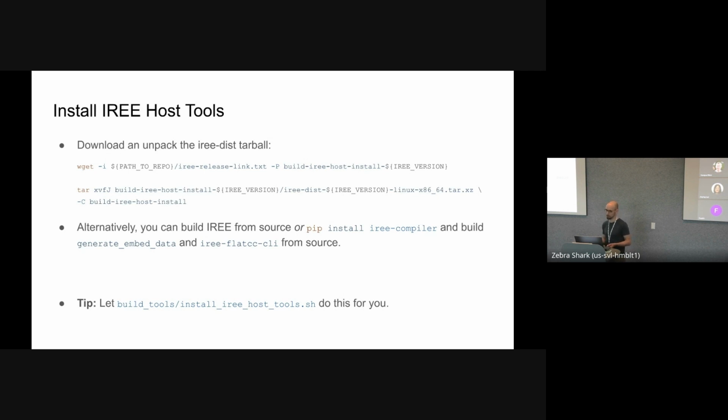Otherwise, it's not fun. There are also options to pip install the IREE compiler, but you would need to build some additional tools from source. So the recommended way is essentially to just use the IREE dist tarball, or if you want it in an even more convenient way, just use our bash shell script, which does this for you and will pack it the way you need it.